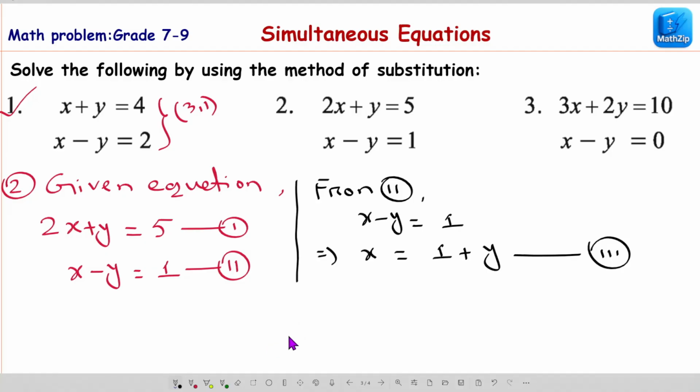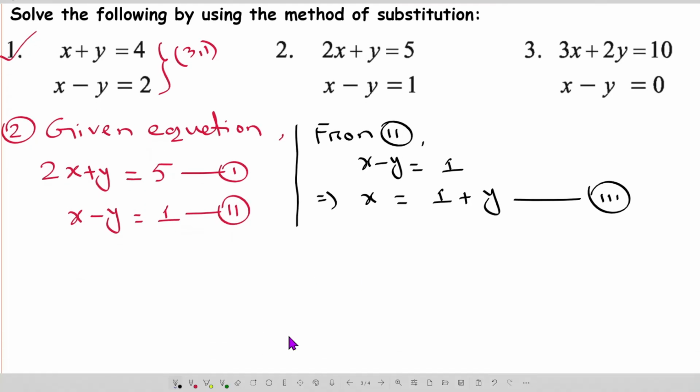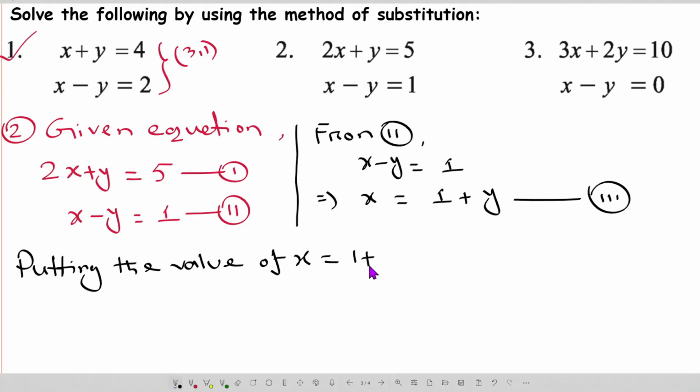Okay, now look, putting the value of x equals 1 plus y in equation 1.